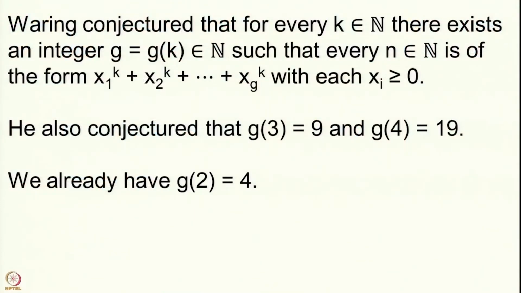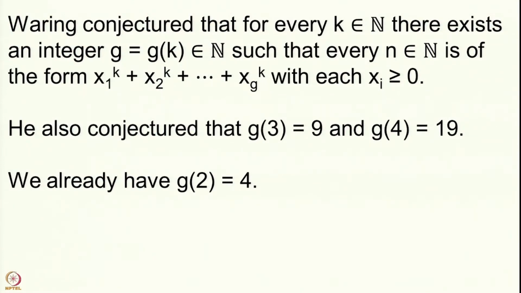So, Waring conjectured that for every k there is a fixed number, call that g depending on k, such that every natural number is a sum of at most g many kth powers. And further he stated that g of 3 is 9 and g of 4 is 19, and as I have remarked, we already have that g of 2 is 4 by Lagrange.